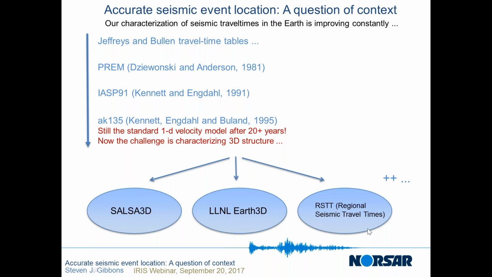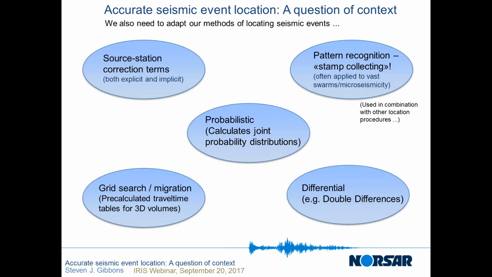And then what we call RSTT, regional seismic travel times, which is an approximation of a 3D model for regional travel times, which are usually the most problematic. So these improvements in velocity models go a long way to reduce uncertainty in event location.